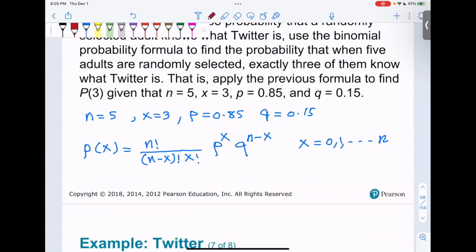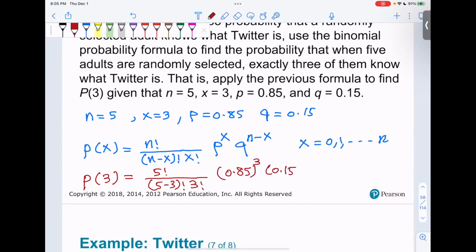So now if we just plug in 3, and n equals 5, we have 5 factorial divided by (5 minus 3) factorial, times 3 factorial, and we have the probability of success to the power 3, and then 0.15 to the power 5 minus 3.